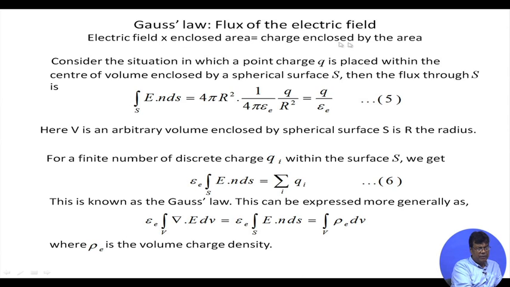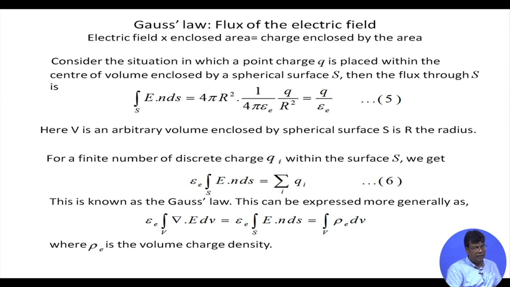This is basically the way one can define Gauss law, as the charge enclosed by the area. Now, suppose you have a point charge q at some point, the origin say. Let us construct a sphere of volume V enclosed by a surface S of radius capital R. Now we measure the flux of the electric field.